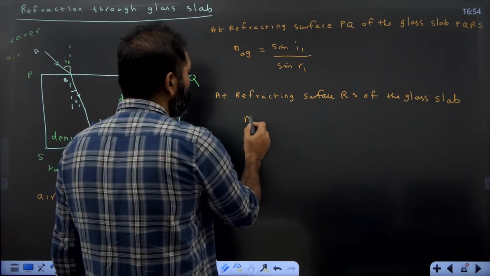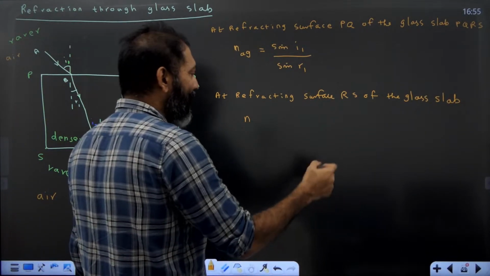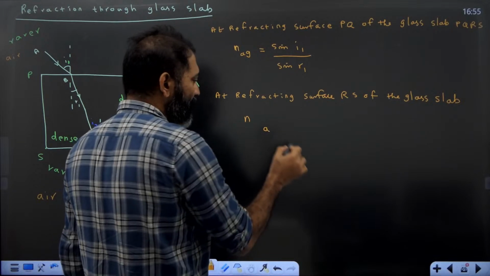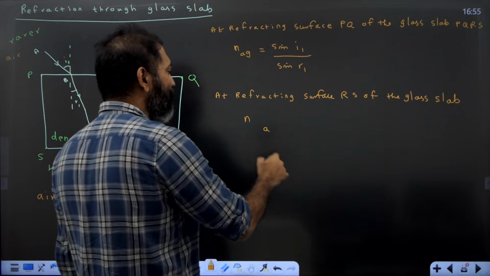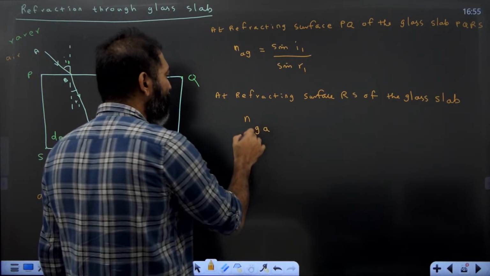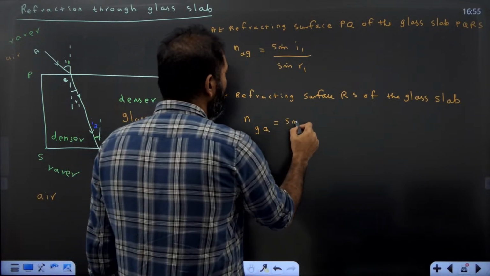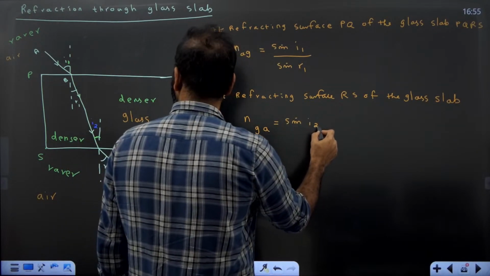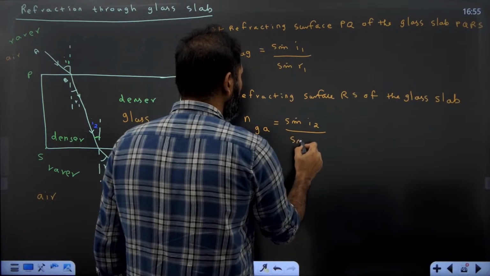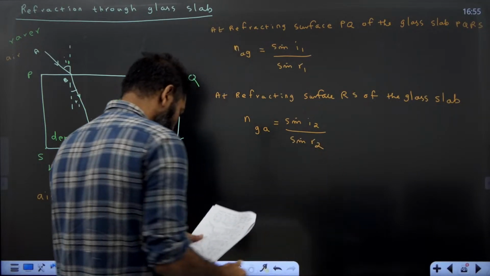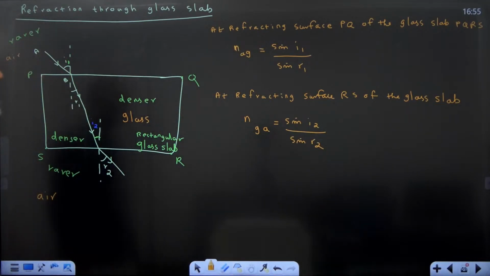The medium the light has reached is air, the rightmost, and it started from glass. So the refractive index of air with respect to glass is equal to sin I2 divided by sin R2.